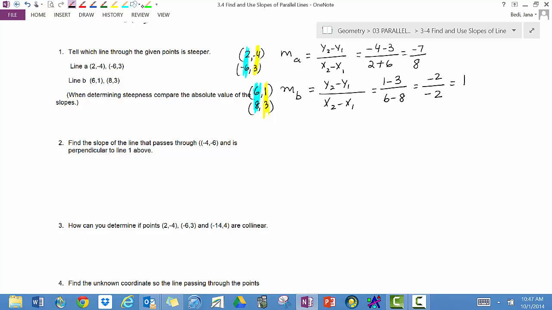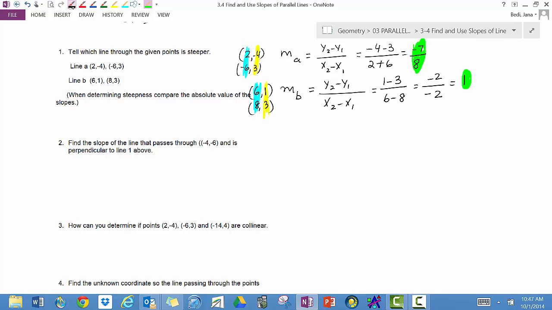So let's look at -7 over 8 and 1. Absolute value means that you disregard the sign and just compare the numbers.